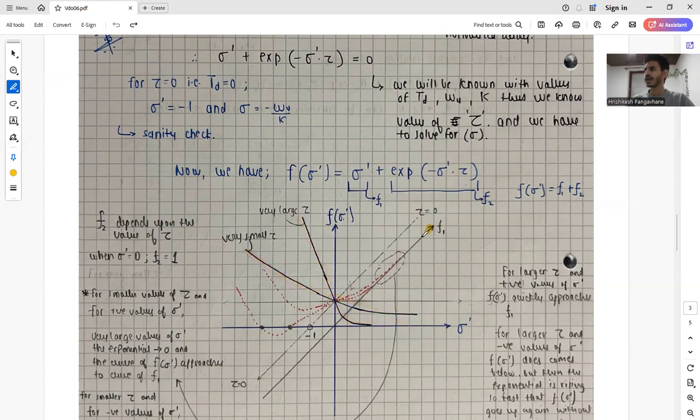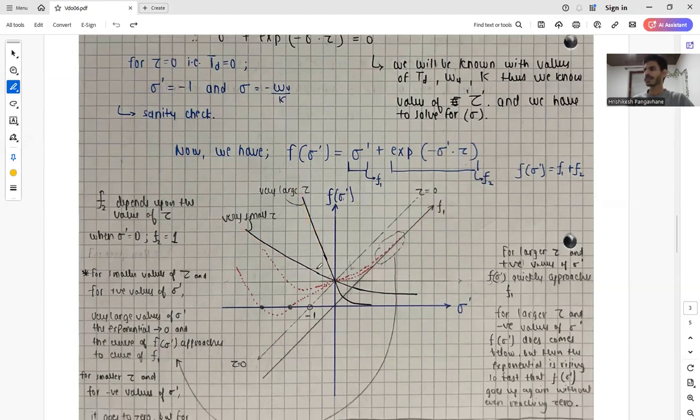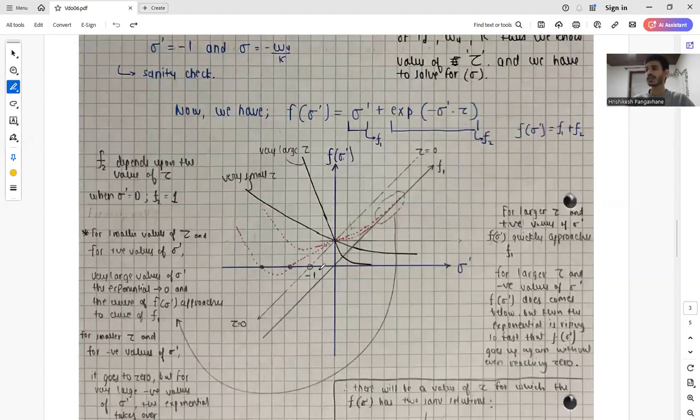So basically we have our function 1 and our function 2, which is dependent on tau. When we club these two functions, we can say that f2 depends upon the value of tau, and when sigma prime equals 0, f2 becomes 1. So that's the value.